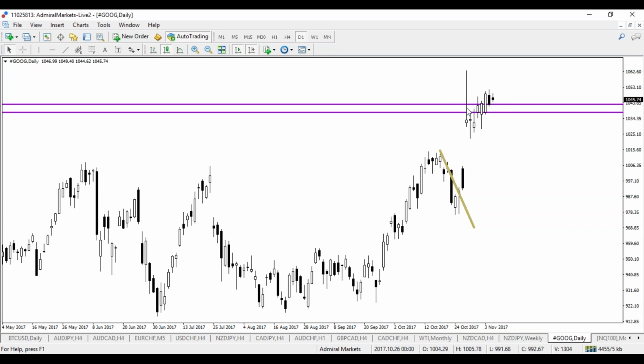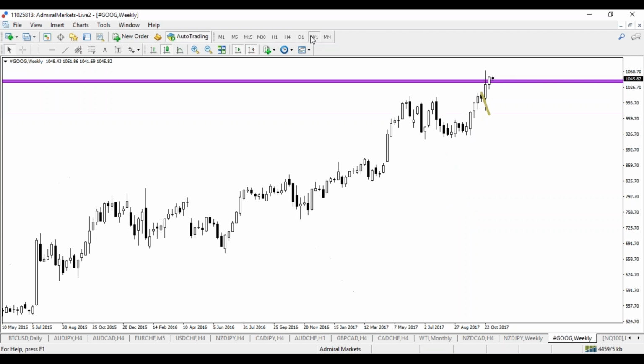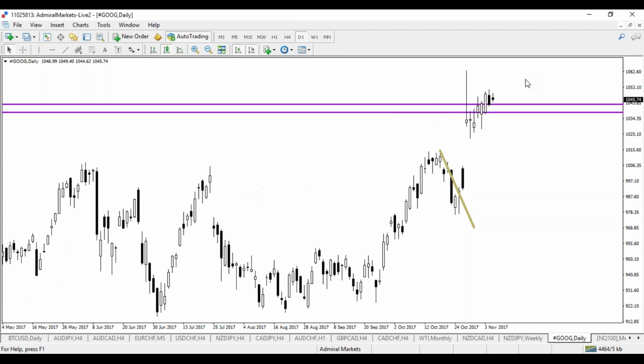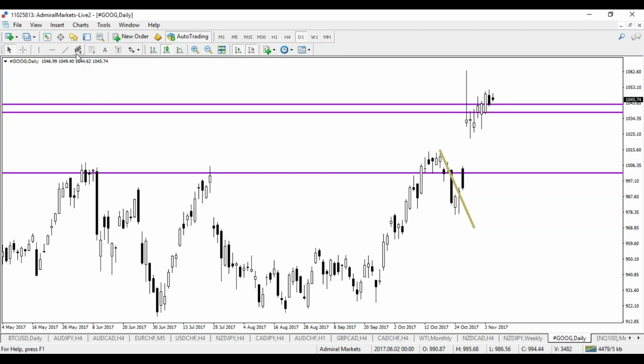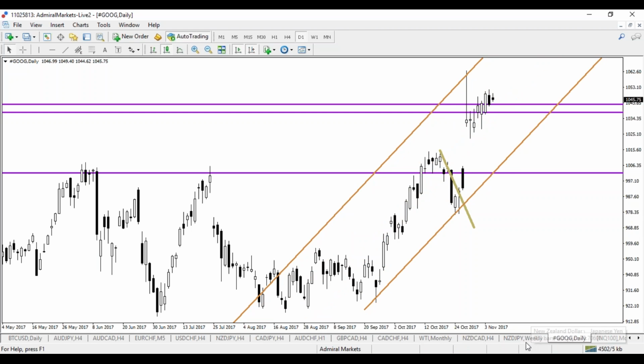There's a bit of a wick here, plus some indecision candles. I don't know if it will, but if it makes a retracement, that wouldn't be too bad. That's just one of the CFDs.